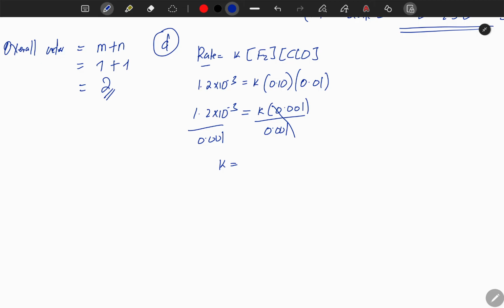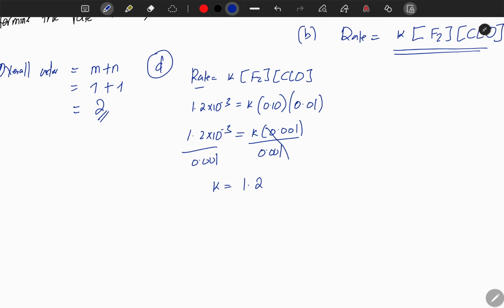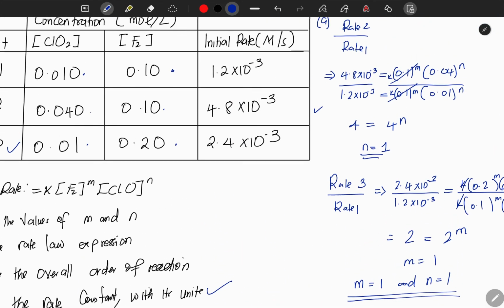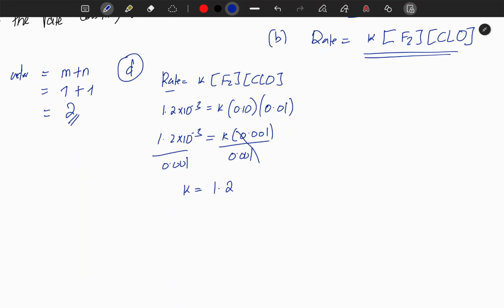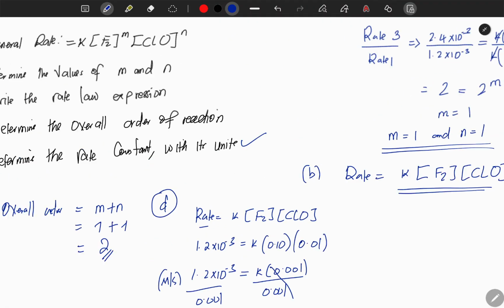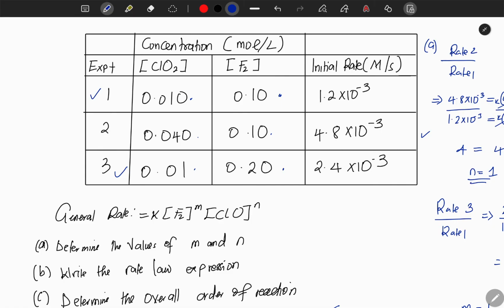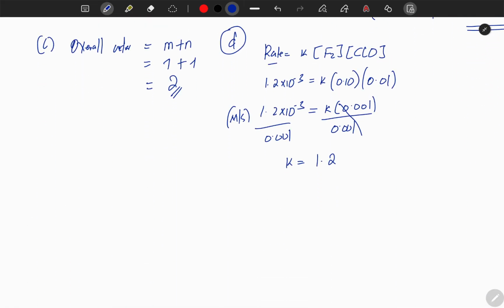So I'm getting 1.2. But remember the units. What are the units for rate? The rate has units of M per s, M stroke S. But what about the concentration? The concentration is mole per liter. Now we were multiplying them.